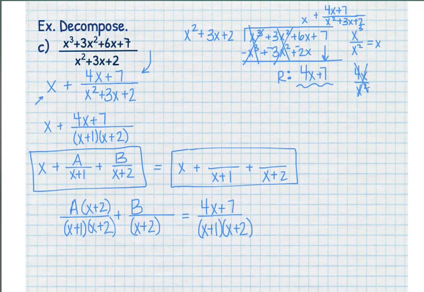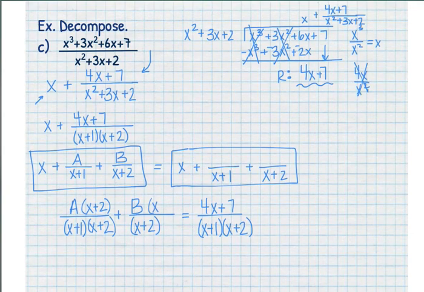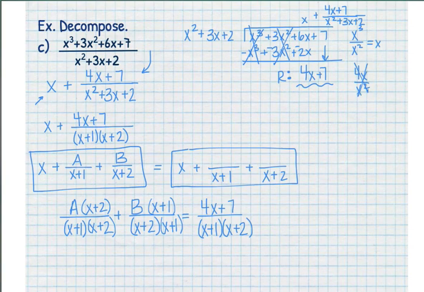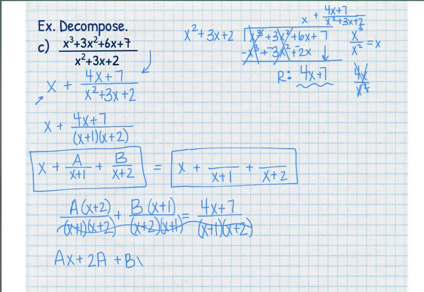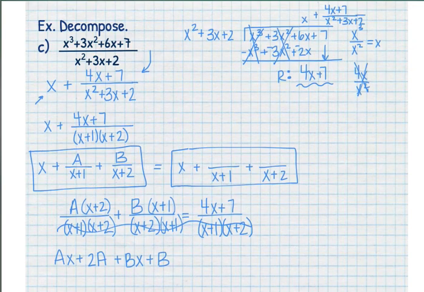And we're going to multiply our B fraction by x plus 1 over x plus 1. Now that our denominators are the same, we can ignore them. Now we've got Ax plus 2A plus Bx plus B, and that will be equal to 4x plus 7.